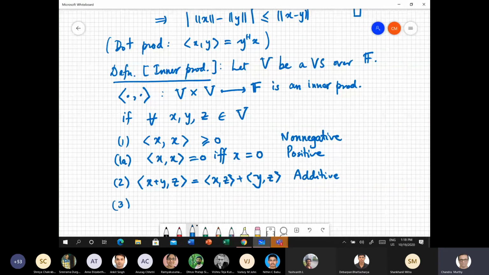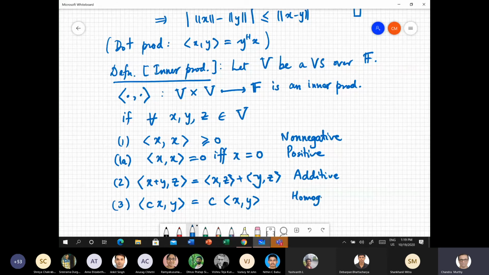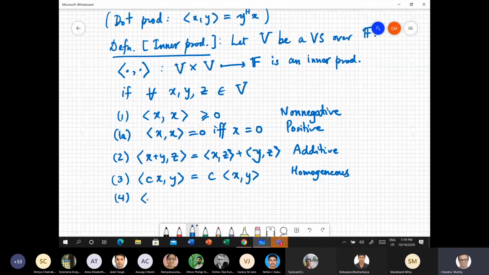And then there is a homogeneity property: the inner product of Cx with y equals C times the inner product of x with y. And the fourth property is that the inner product of x with y is the complex conjugate of the inner product of y with x.